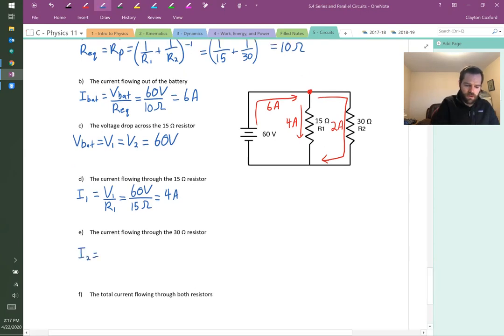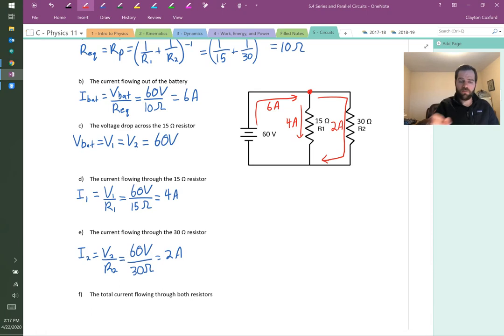I2 is going to be V2 over R2. Again, that circuit element, that 30 ohm resistor, is in parallel with the 15 ohm resistor and the battery. And so there's a 60 volt drop across it, and it's 30 ohms. And so in fact, it is 2 amps flowing through there.